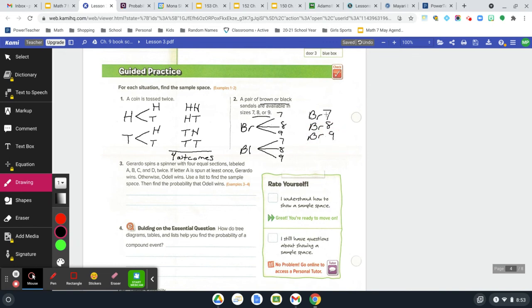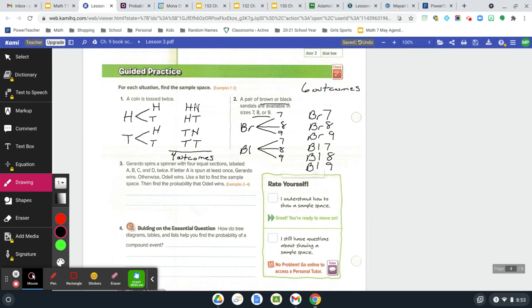So you have 3 choices with a brown sandal and sizes. Okay, go to the black sandal. You can get a black sandal in a size 7, black sandal in a size 8, and a black sandal in a size 9. So another 3 choices for a total of 1, 2, 3, 4, 5, 6 outcomes. 6 possible outcomes.